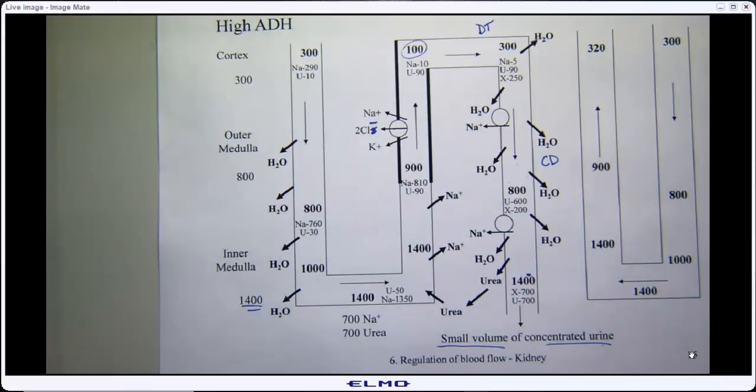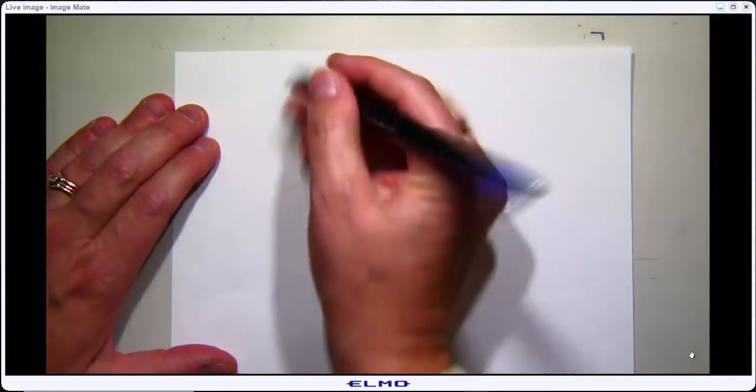So ADH is going to do two things for us. I'll write them down. So let's think then about the actions of ADH at the kidney.